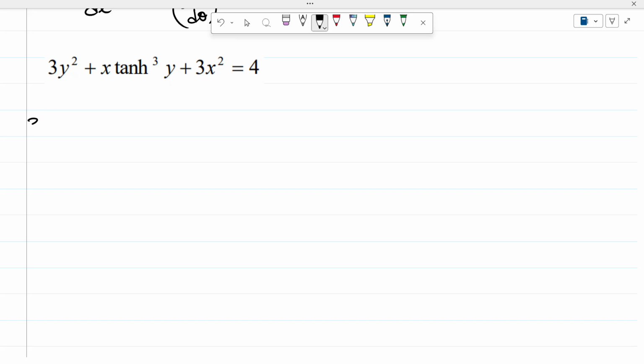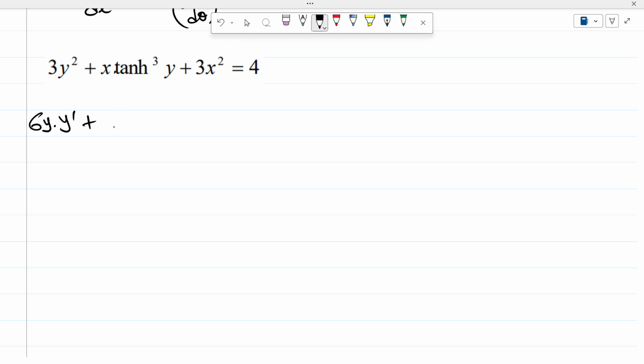So the derivative of 3y squared will just be 6y multiplied by y prime because I differentiated y, then plus now I have x which multiplies that term. Then I'm supposed to use product rule to get the derivative of the two.